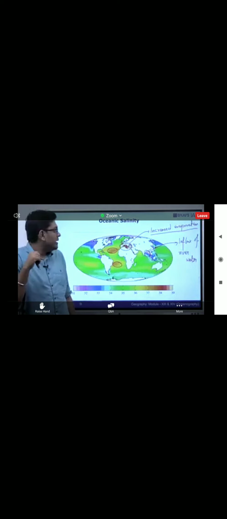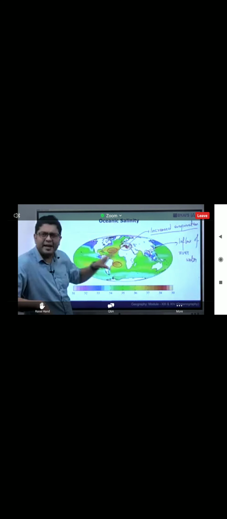Okay? Now, here, this tells you that, for example, if you observe this particular figure, let me zoom this in so that you are able to look at it carefully. See, whenever you come across any map, any figure in geography, as an ideal student, as an ideal candidate, you have to analyze each and every detail.